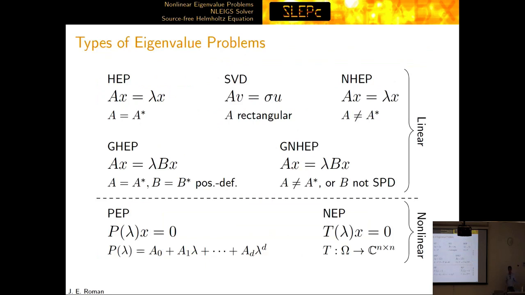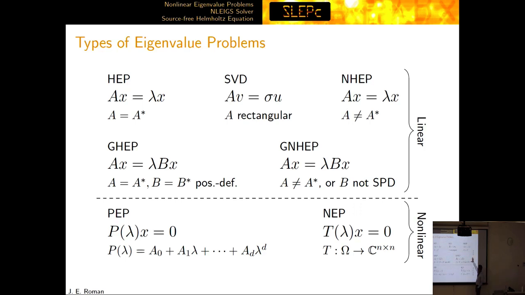This is a summary of all the types of eigenvalue problems that can be solved with SLEPc. We can solve problems with one matrix, with two matrices, with symmetric or non-symmetric matrices. Even for rectangular matrices, we can compute singular values. All these are linear problems.